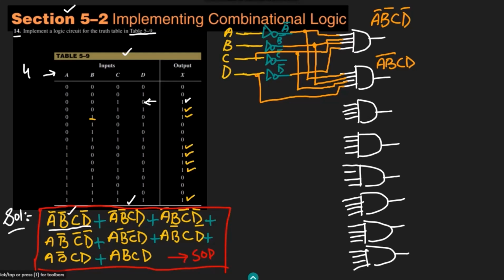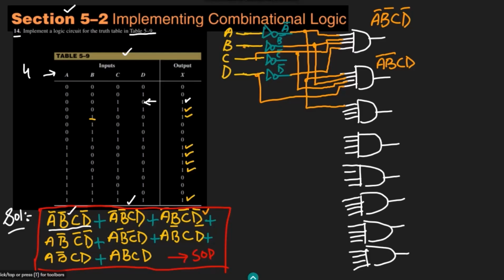the second gate. For the third one I have to provide A complement, B, C complement, D complement. So the A complement here will be, let me use the same one here. B is what?